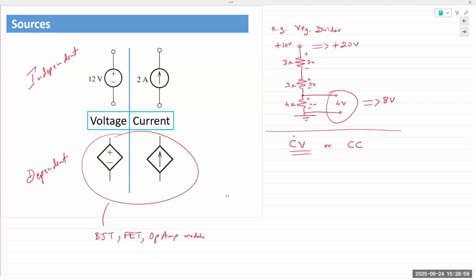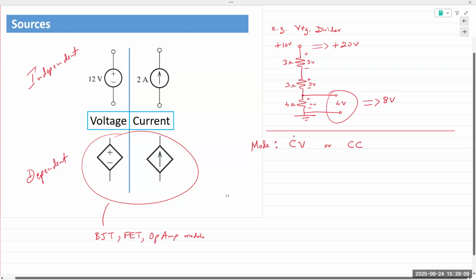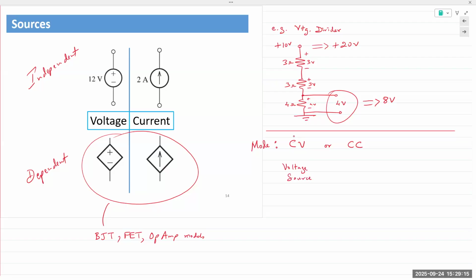So those power supply units will show you CV or CC. This is the mode of operation. CV mode will mean we are running it as a voltage source, and CC would mean we run it as a current source. That's all it means. Okay.